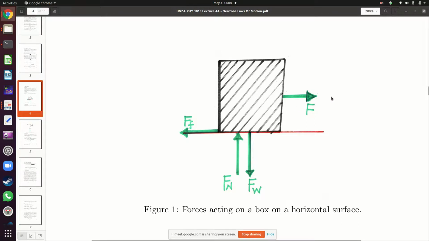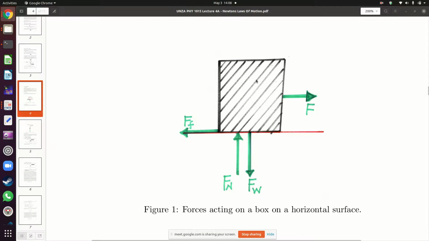So that is a pulling force, F. Since the box is going to move in this particular direction, that's what we are assuming, there is this force, Ff, which is a friction force, which is going to oppose the motion of the box. So for this box along the horizontal direction, we identify two forces, the pulling force F and the friction force which will oppose the motion of the box.